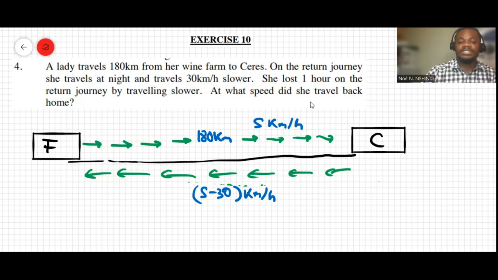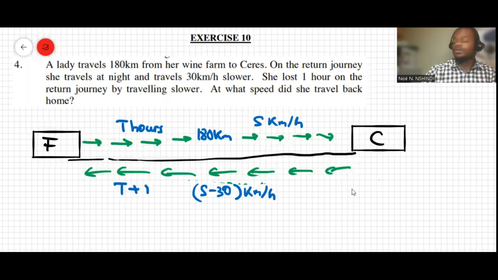If, for instance, over here, the time spent was t hours, then over here it's going to be t minus 1, right? No, not exactly. Even though it says lost 1 hour, it means she spent 1 hour more on the way. So it's going to be t plus 1, okay? At what speed did she travel back home?